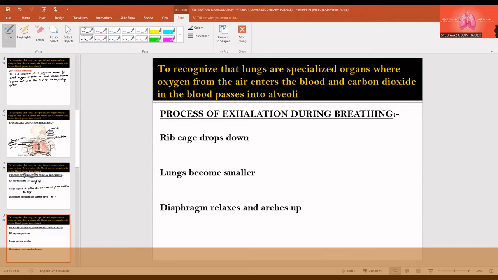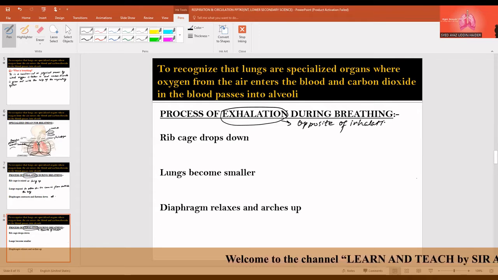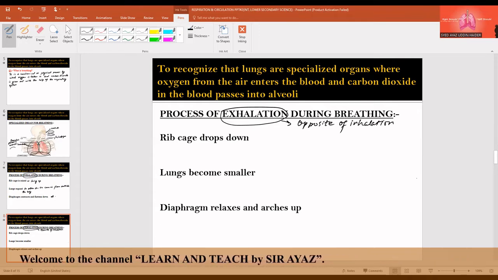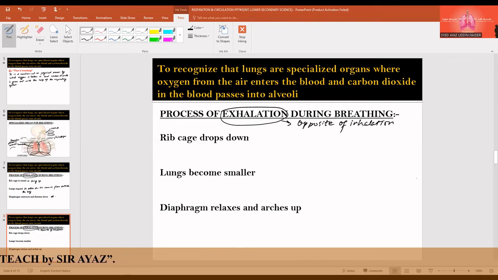Exhalation is the opposite of inhalation. That is, we breathe out air. Rib cage drops down or swing down.